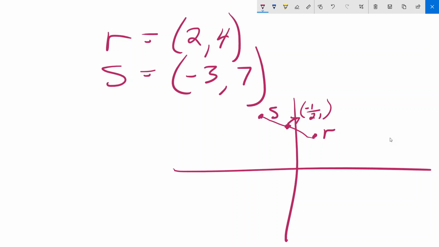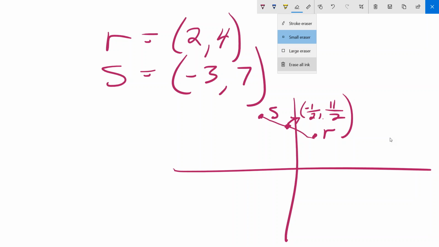Give me the y-coordinate of the midpoint. 11/2. It's as simple as that. It always is that simple. So midpoint, it doesn't get much easier than that. It's very, very simple.